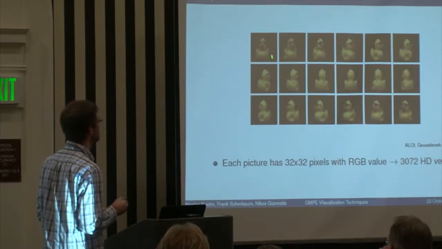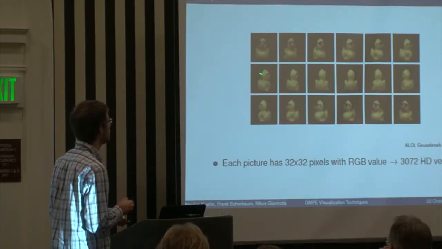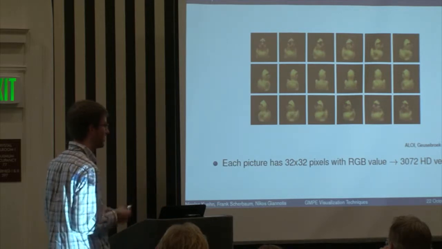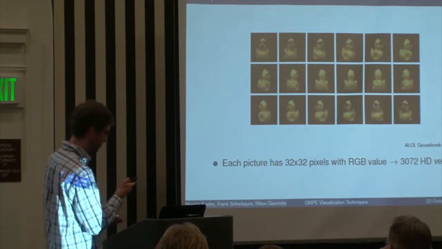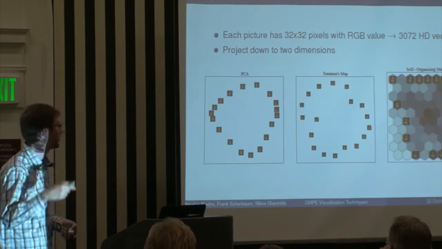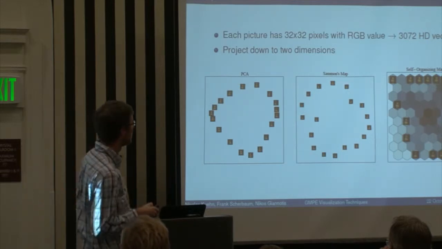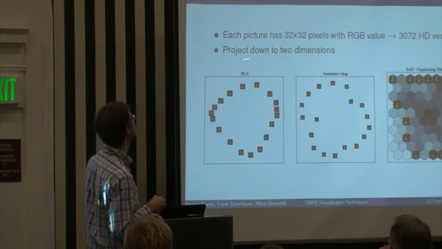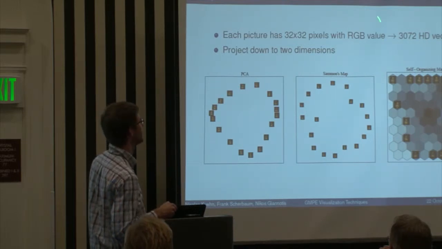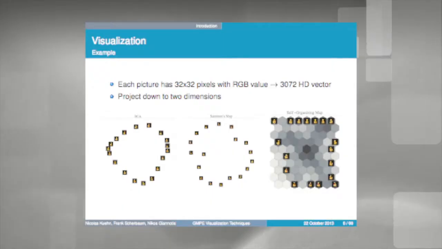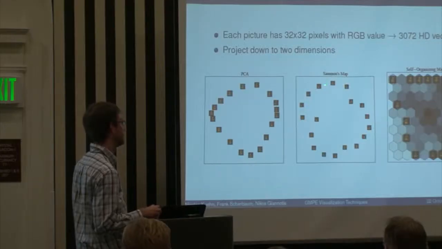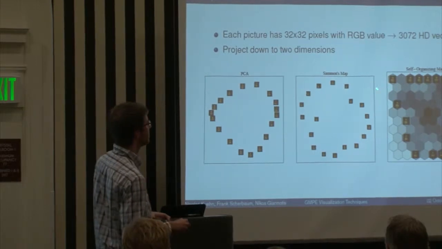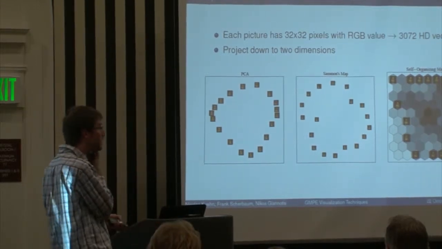And what we're going to do is just combine all these numerical values into a very long high-dimensional vector, and then we're going to use different methods to plot them into 2D. I hope you can still see the small rubber ducks. Here we've projected this down from this 3,000 dimensional space into 2D using different methods. First one is PCA, the second one is Sammon's mapping, and this one is self-organizing maps.